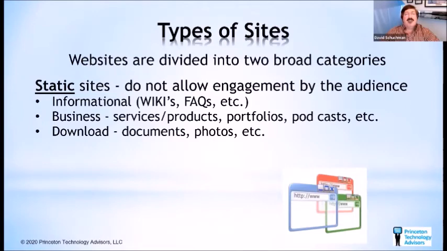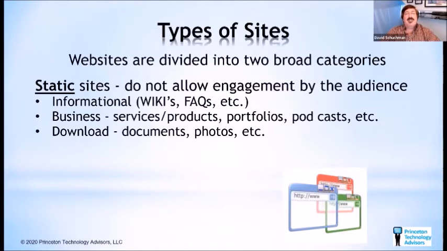So things like FAQs or frequently asked questions, those sorts of pages and sites, that's one way. It's not engaging your user or reader to participate any other way. Wiki, like Wikipedia, those sorts of pages where they're informational, one way.